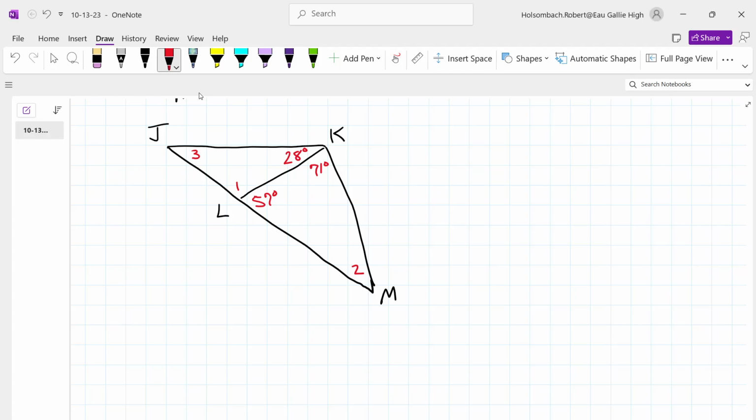All right, so I'm looking at angle 1 first. Angle 1 right here and the angle next to it, the 57 degrees, form a straight line, and they're adjacent to each other. So they are a linear pair.